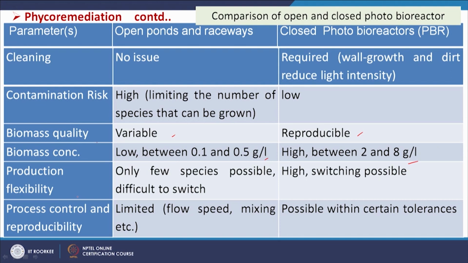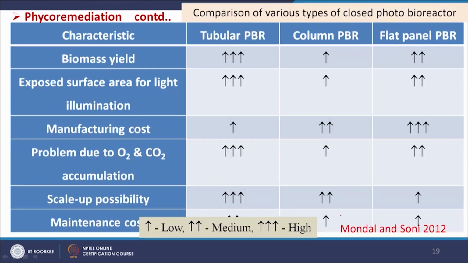Production flexibility: only few species possible, difficult to switch in case of open ponds, but production flexibility is very high in case of closed photobioreactor. Process control and reproducibility is limited in case of open ponds, and more control and reproducibility is possible for closed photobioreactor.